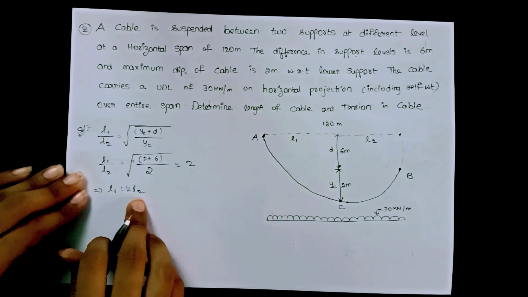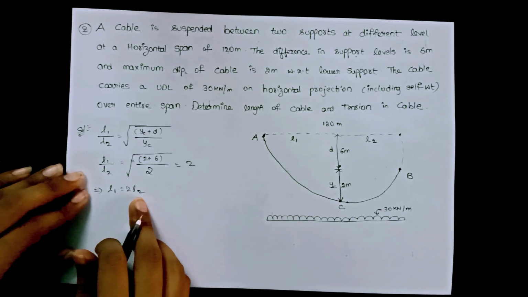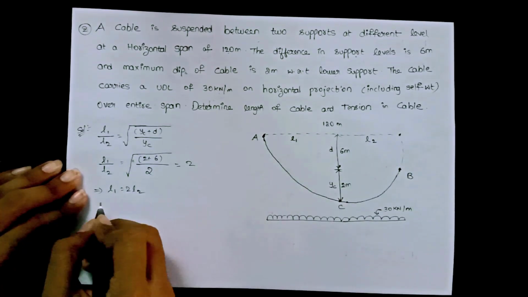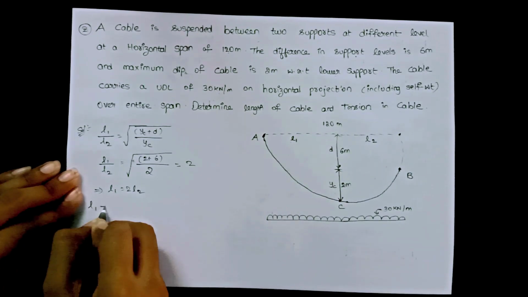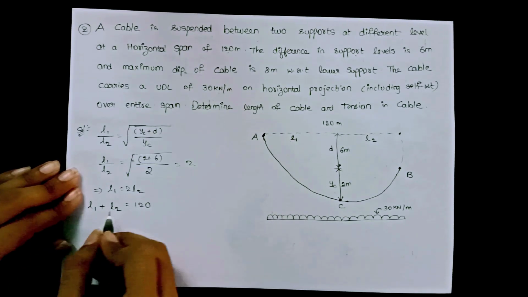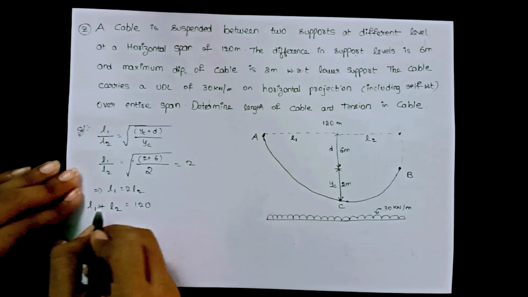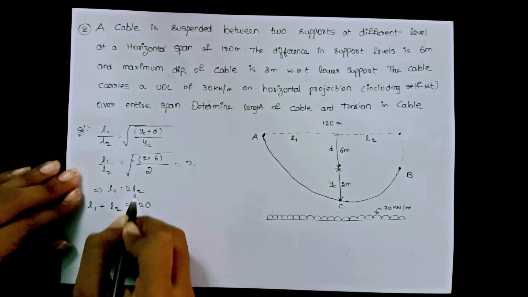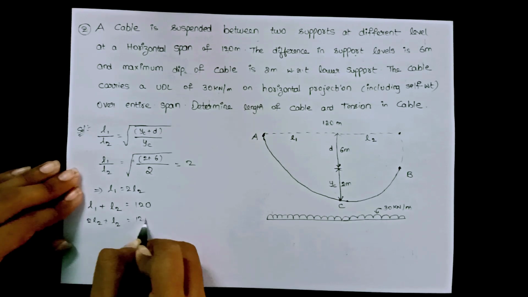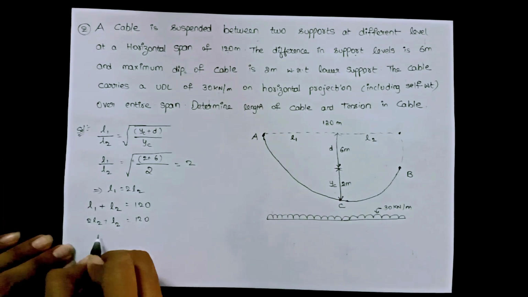This is one condition, and the other condition is L1 plus L2 equals the total length, 120 meters. Now in place of L1, put 2 L2. 2 L2 plus L2 equals 120, so 3 L2 equals 120.